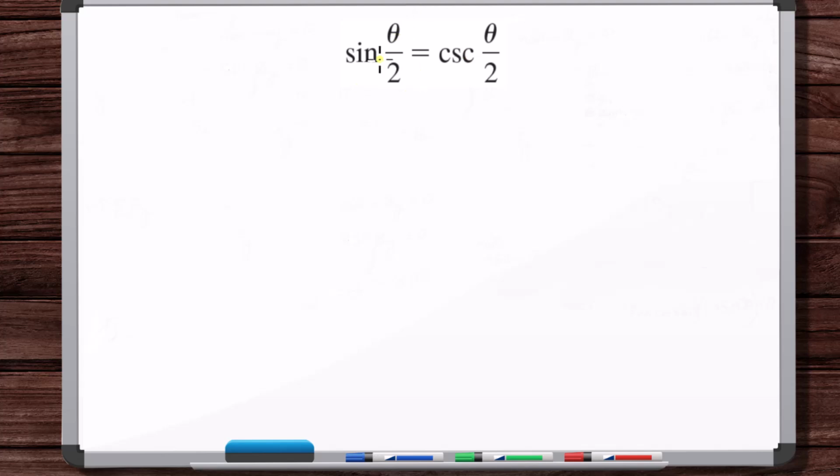Okay, so let's see. We've got two separate trig functions, but can we convert this to where we have the same trig function throughout the entire equation? And yes, we can, because cosecant is the reciprocal of sine. And now we just say u is equal to sine theta divided by 2.